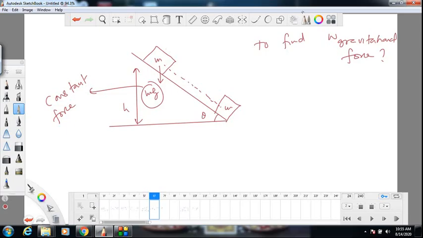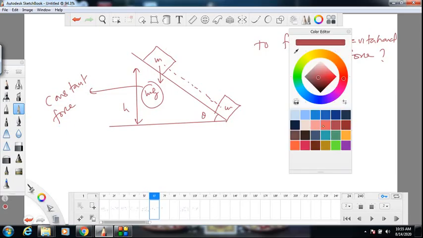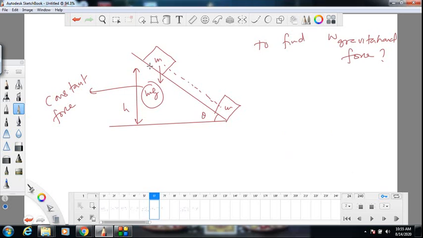First of all, see the displacement of the block. I will show it with blue color. The block's initial position is here, block's final position is here, so it's a line segment joining initial and final. So this happens to be displacement of the block, direction is like that. Because it's a constant force, there are two ways you can do it.